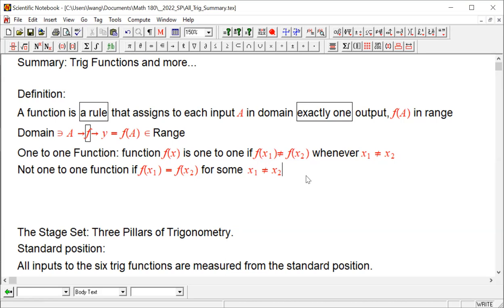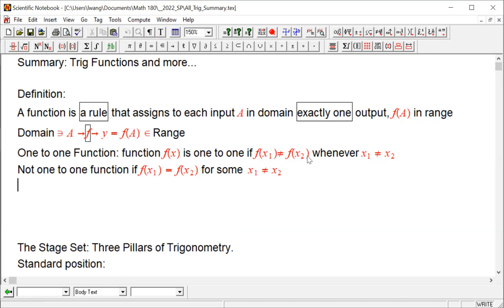So we talk about one-to-one function, and we also talk about increasing function. If you recall those definitions, we say function f of x is increasing.